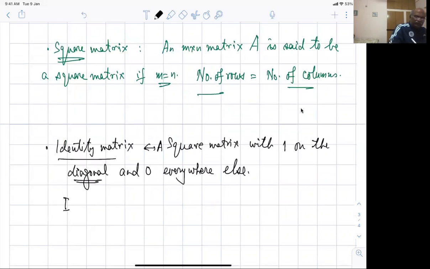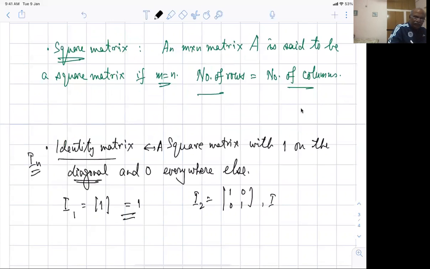This will always be written as I of n for an n cross n matrix. So I of 1 will be just 1 cross 1, which is the same as just 1 here. As I said, a scalar matrix can be just written as 1 itself, just a scalar. I2 will be 1, 0, 0, 1. Right? I3, if I want to look at, will be 1, 0, 0, 0, 1, 0, 0, 0, 1.